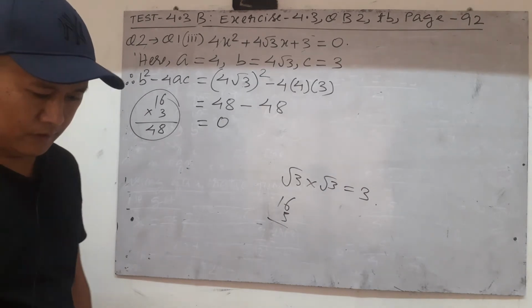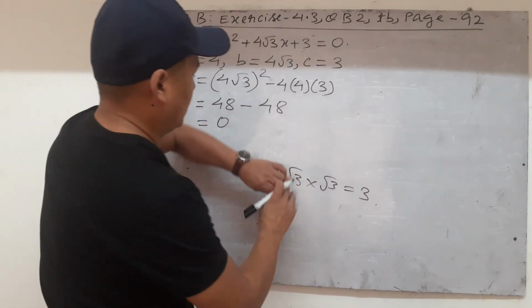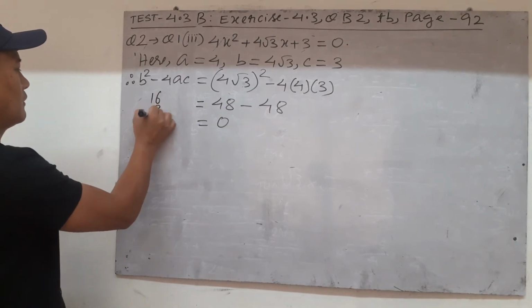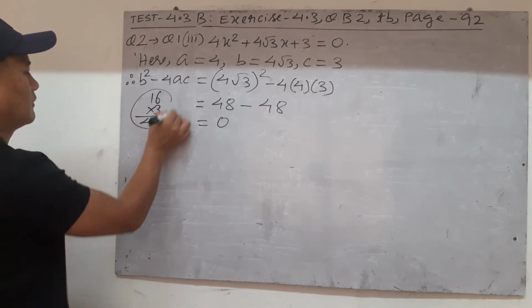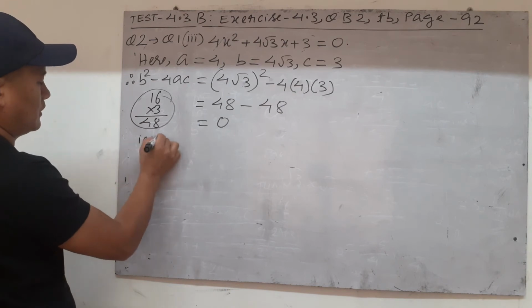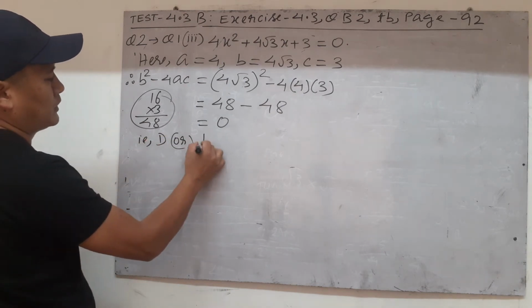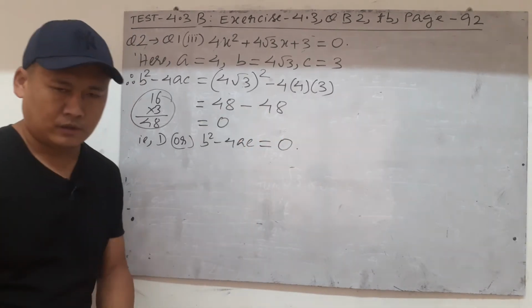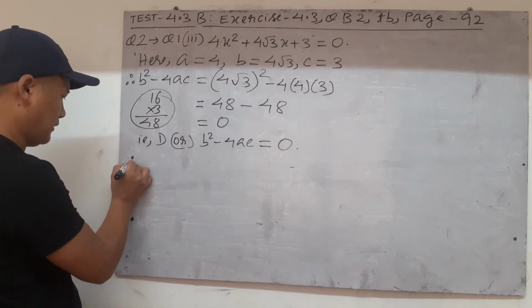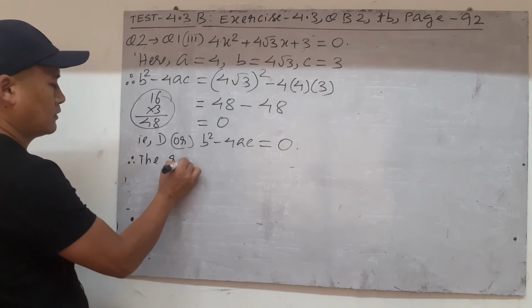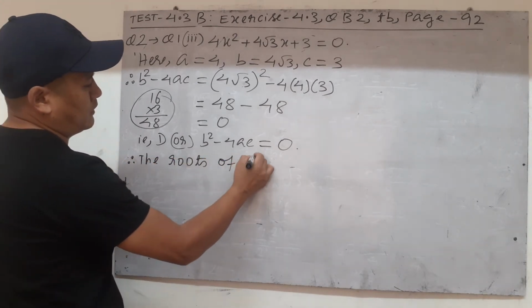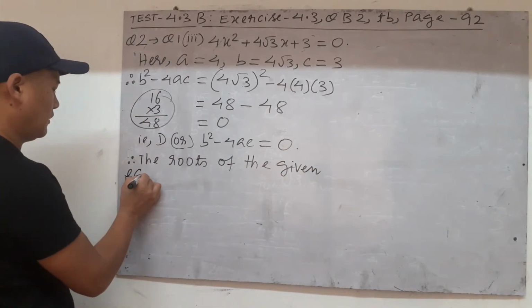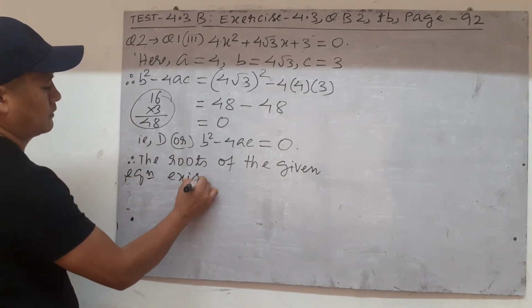So we have here a situation where D, our value for b squared minus 4ac, is exactly equal to 0. So we will write here, therefore, the roots of the given equation exist.